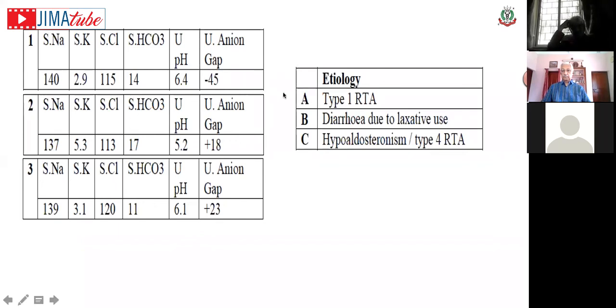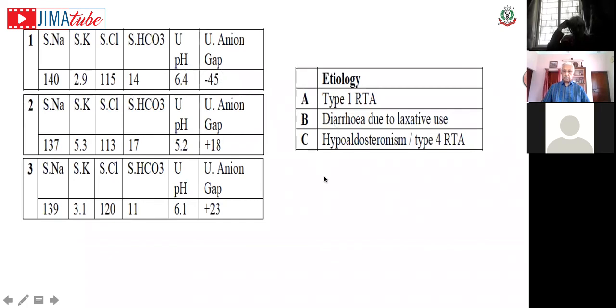The urine anion gap is sodium plus potassium minus chloride. We cannot calculate ammonium. So ammonia becomes very high, and sodium and potassium become low. So the urine anion gap is negative in diarrhea. So 1 is B, there's no doubt.